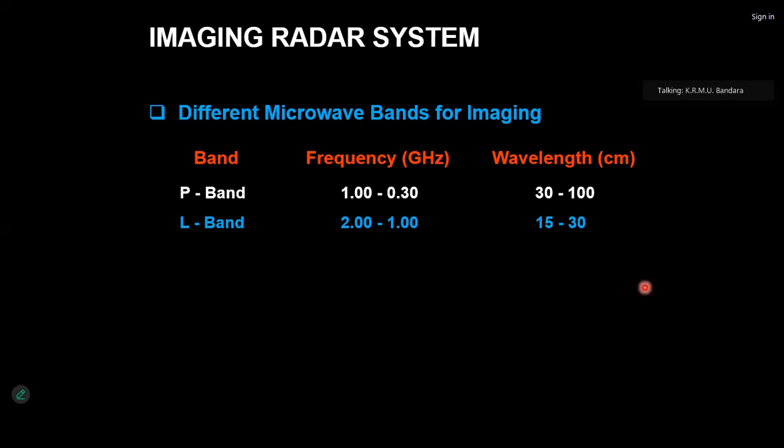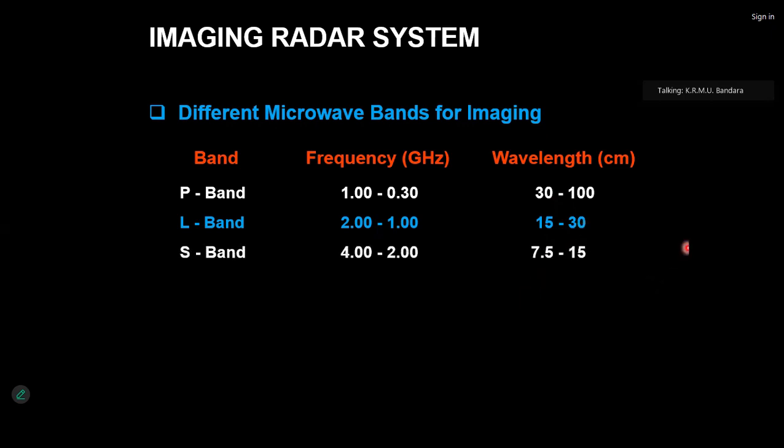If it is using 35 centimeters, this is P-band. Only one wavelength is used, and any number in between is called the P-band. Any number between 15 and 30 is the L-band. 30 is common here, but you can use others, no problem.